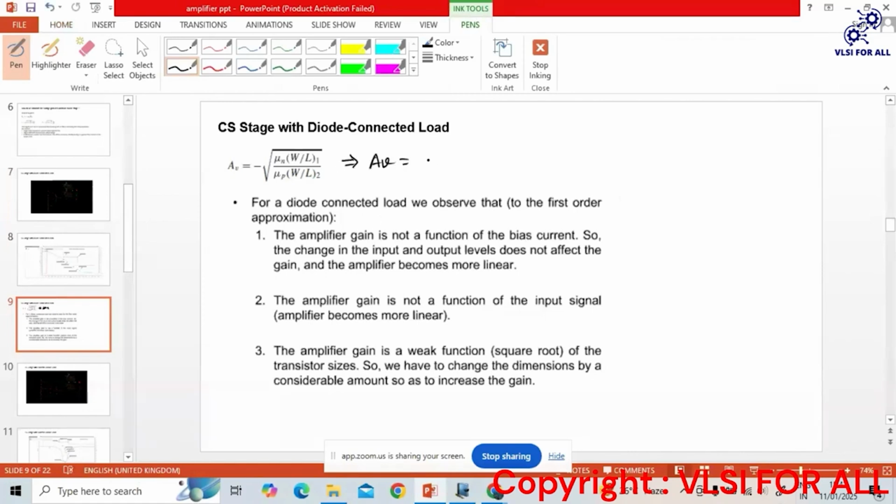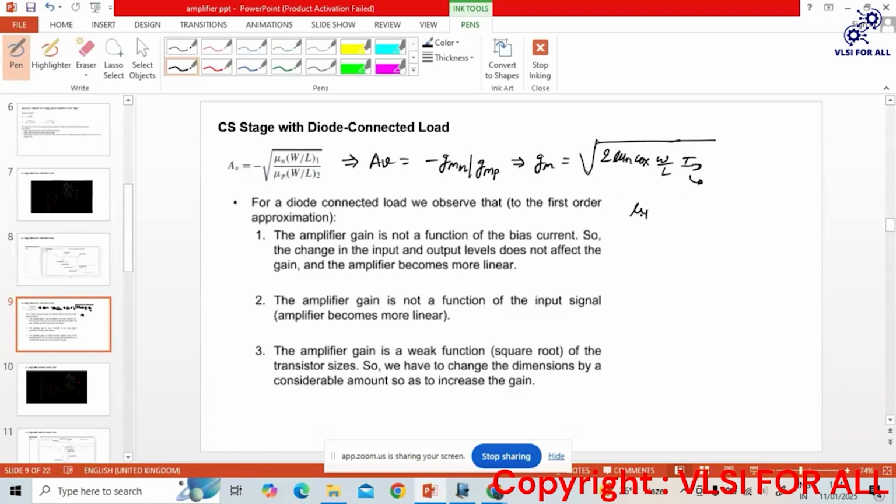The gain will be minus gm1, or we can say gmN, this is NMOS, divided by gmP. Okay, then we have, what is the transconductance equation? Root of 2 mu n Cox W by L into Id. Since both are in series, this Id will be the same.